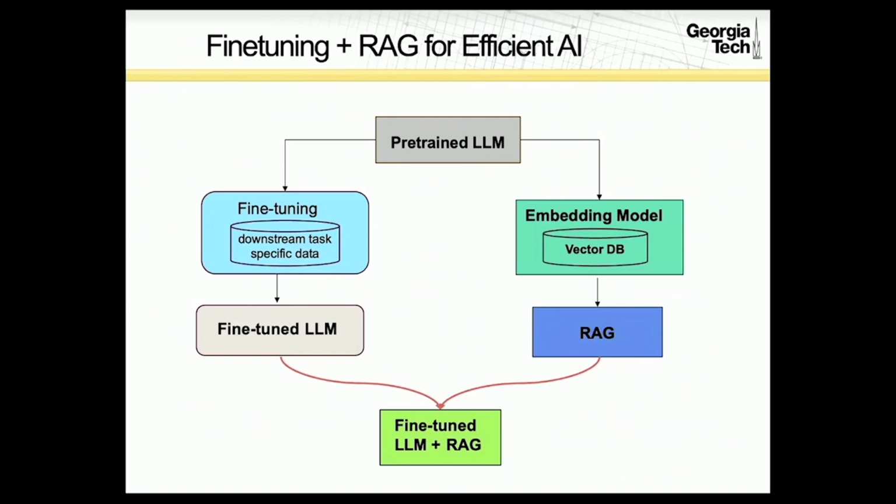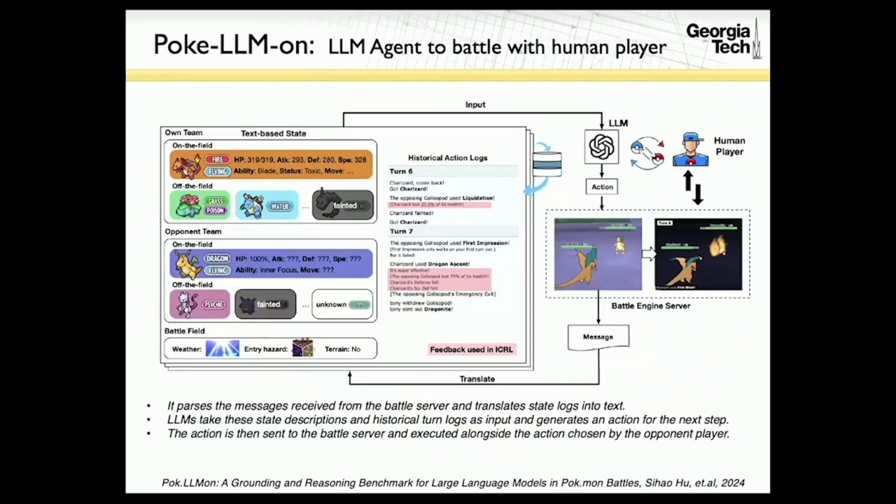You can mitigate inconsistency that your fine-tuned data may not be able to completely mitigate. So we have done some work in one AI agent experiment. Here, we are using a large language model as the entry point, and developing an AI agent that can battle with human players.